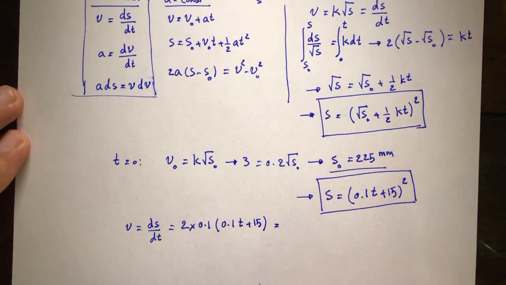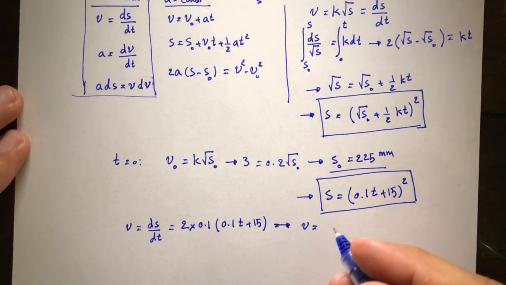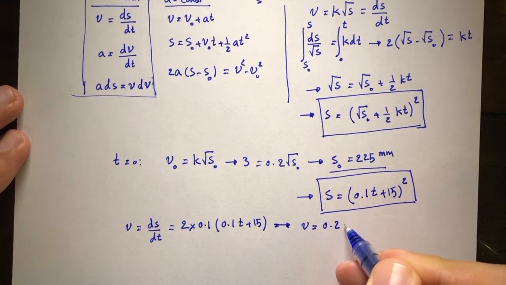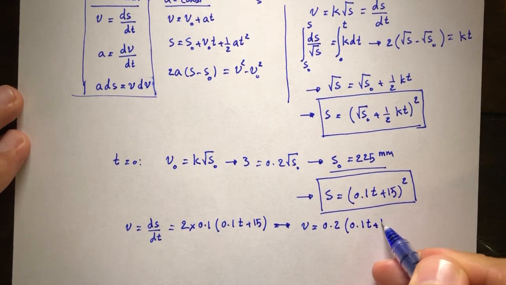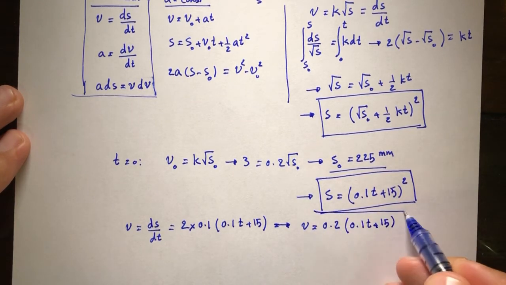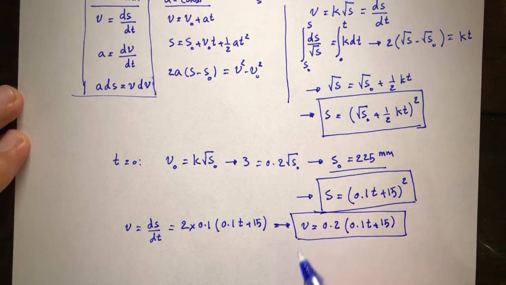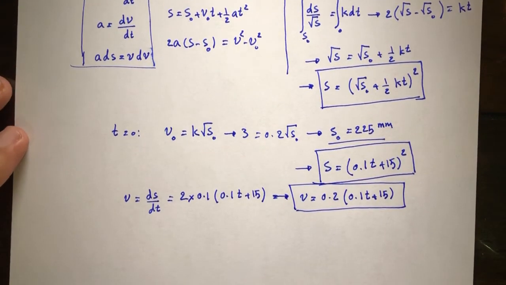So the velocity is equal to 0.2 times (0.1t plus 15). So we found the velocity as a function of time as well.